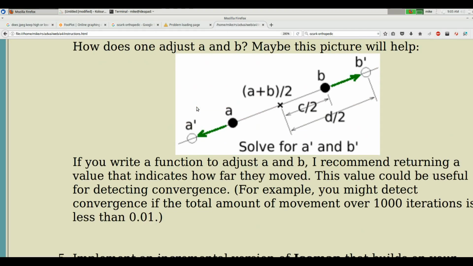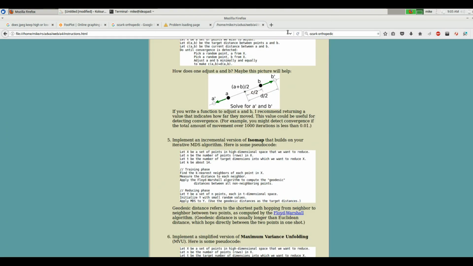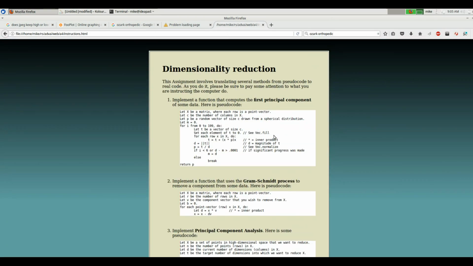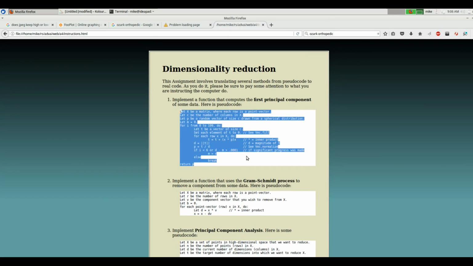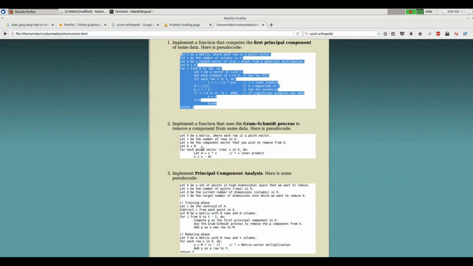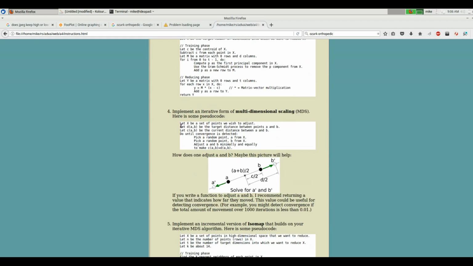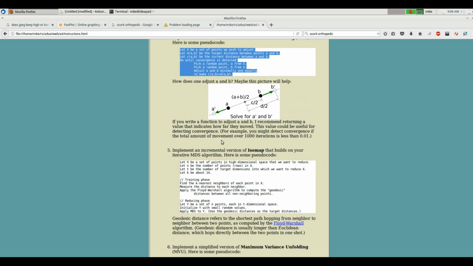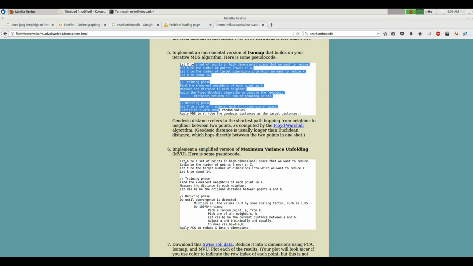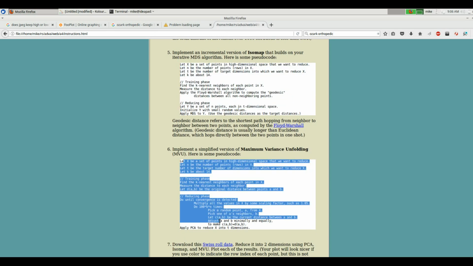Okay, so if we look at why I'm having you do all these darn algorithms in this assignment, why are we doing PCA? Because you need it for the last step of maximum variance unfolding. Why are we doing multidimensional scaling? Because both isomap and maximum variance unfolding depend on it. Why are we doing isomap and maximum variance unfolding? Because that's what the assignment's about, is, hey, two algorithms, let's compare them.